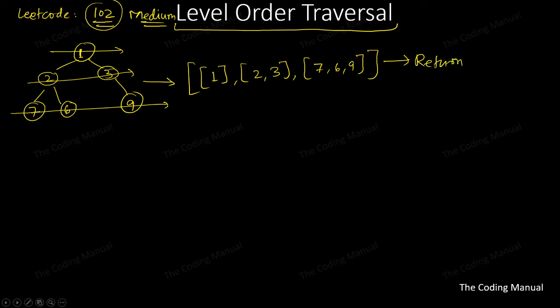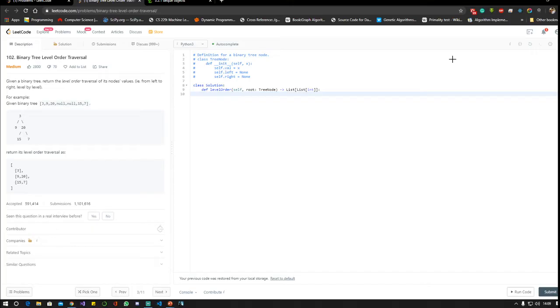So let's quickly look at the question. Given a binary tree, return the level order traversal of its nodes' values, that is from left to right, level by level.